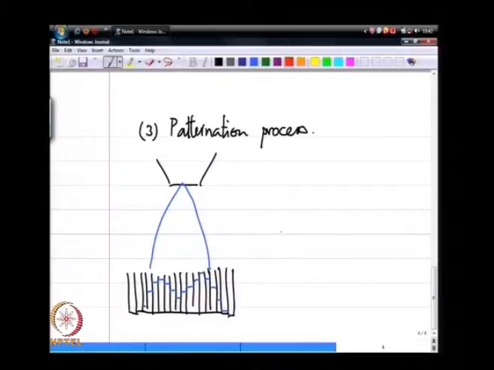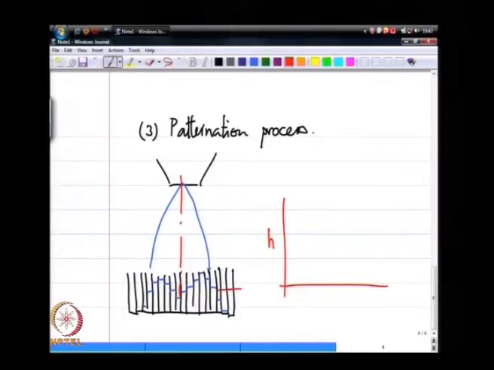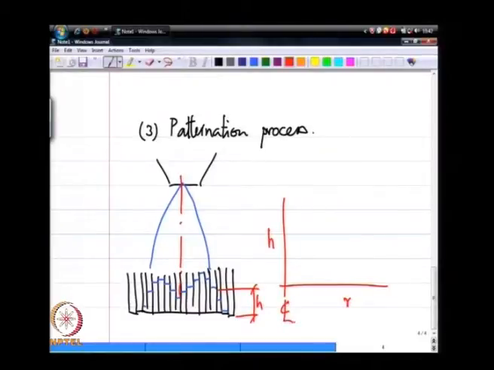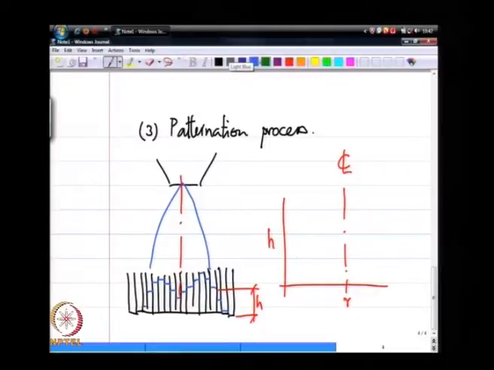So, if I were to quantitatively plot that again as the tube height h, so, if that is h as a function of r from the center line, or I will replace this as the center line. So, I have what looks like this.